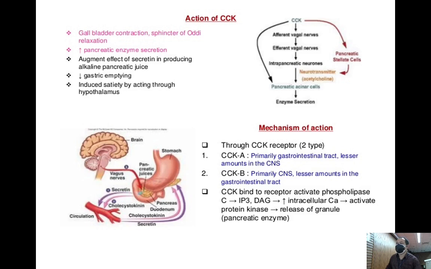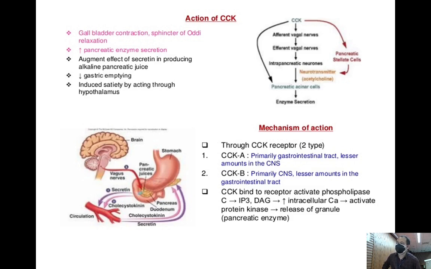And the action of CCK is basically to cause contraction of the gallbladder, where the bile is being stored. So that the bile can be secreted into the intestine, the gallbladder needs to be contracted, and so that the bile can flow into the intestine, the sphincter of Oddi needs to be relaxed.